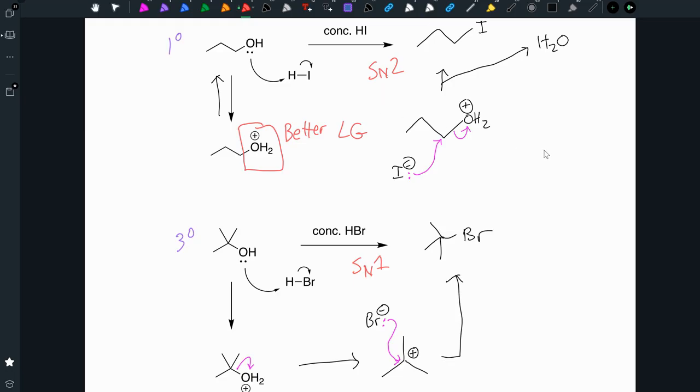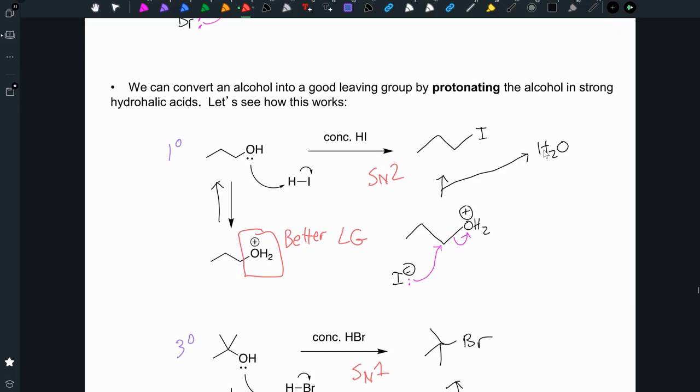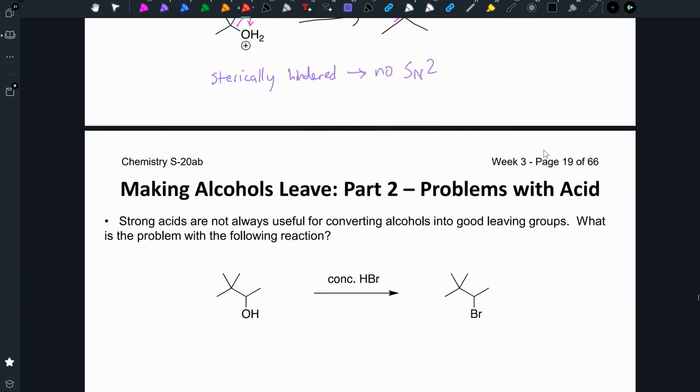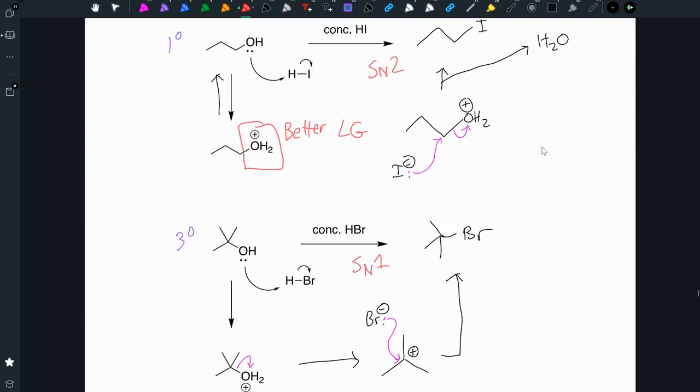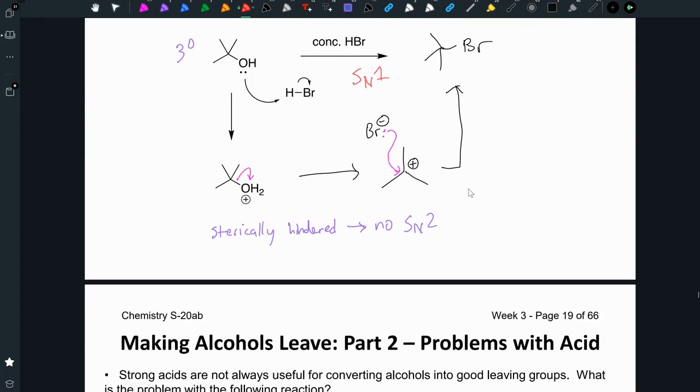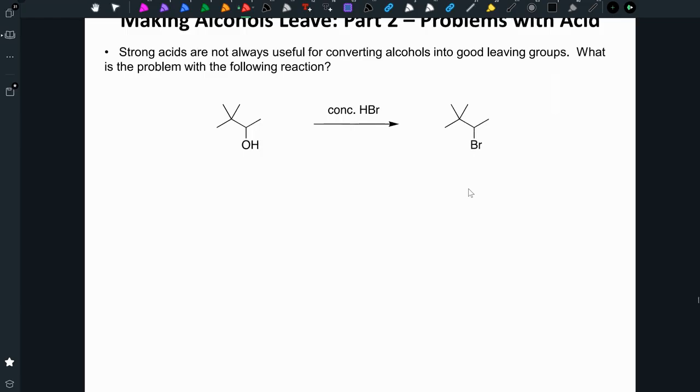And so we use this pretty sparingly. The problem with acid, number one, you're dealing with very reactive reagents. The other problem, since this is often going through a carbocation, you have to worry about carbocation rearrangements.